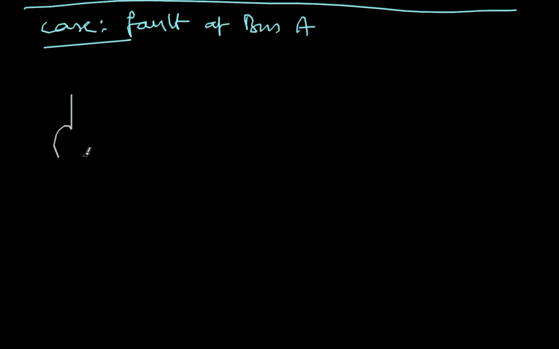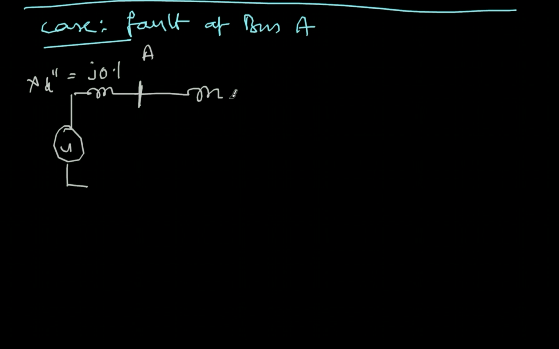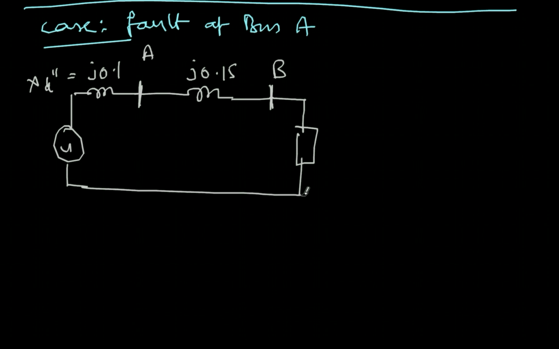We have a generator. It has its own subtransient reactance, that is Xd double dash equal to 0.1, and this is your point A, and then there is j0.15, and then there is a point B, and then there is a load here, and finally the fault has occurred at this point.